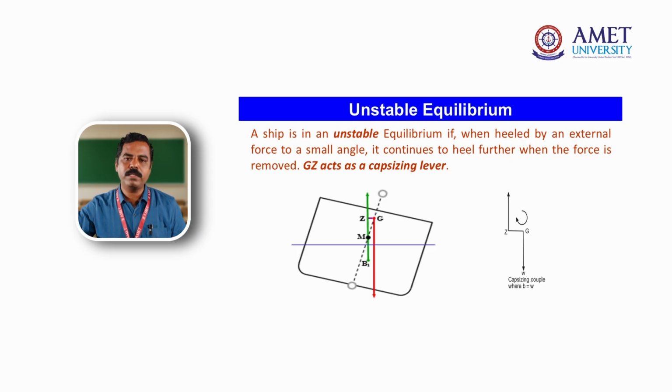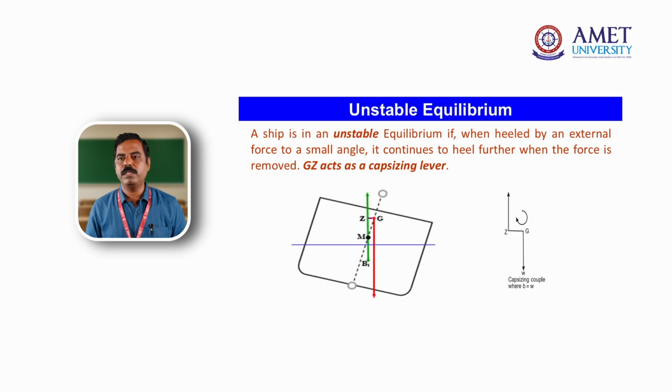Already the vessel is heeled towards the clockwise direction, and the couple will heel the vessel further in the clockwise direction. The total heel angle becomes more. What will happen? The vessel will capsize.